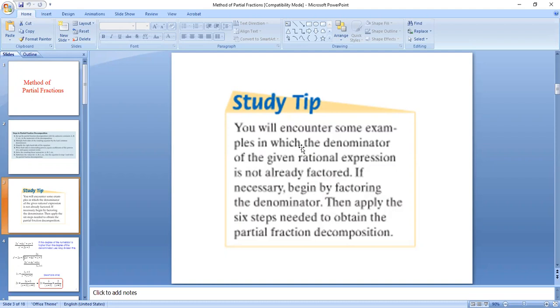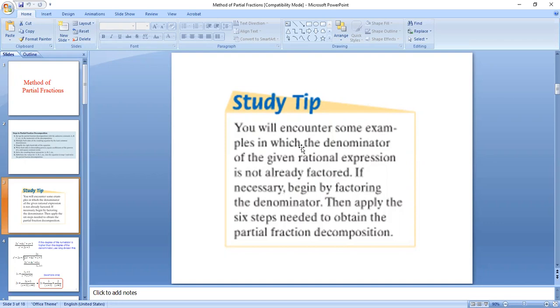So, factor. Before you even factor, it's not written there in the study step, you make sure that the degree of the numerator is less than the degree of the denominator. Now, what do I mean by the degree of the numerator and the degree of the denominator?